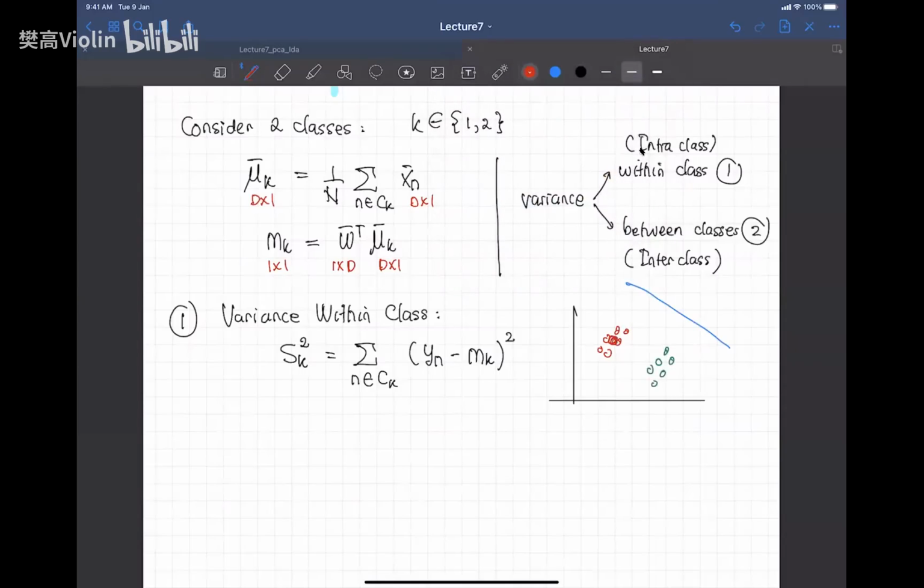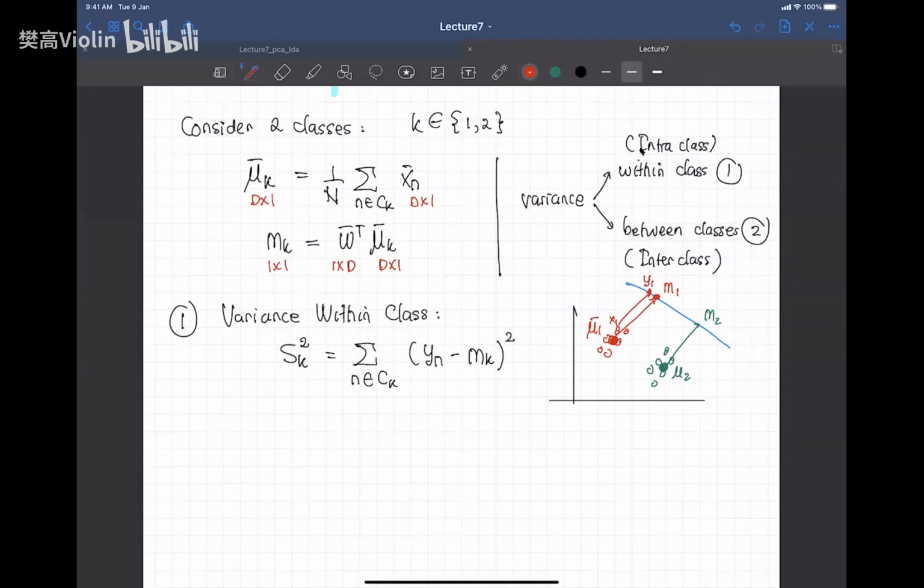This one is mu1 and this one is mu2, and the projection of this mu is called m1, and the projection of this one is m2. So yn is the projection of the sample; each of the samples is projected there. For example, this is x1, this is y1. That's the projection on the blue line. We do not know the blue line. That's something that we want to find.